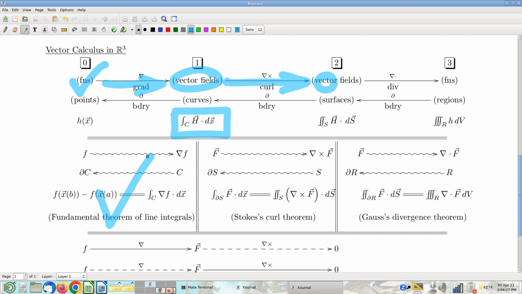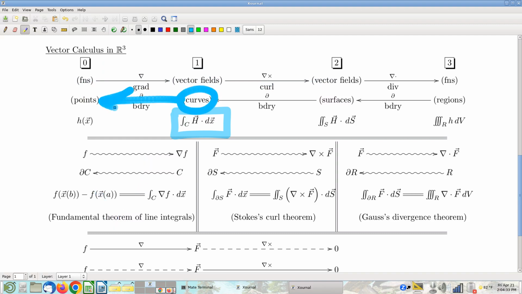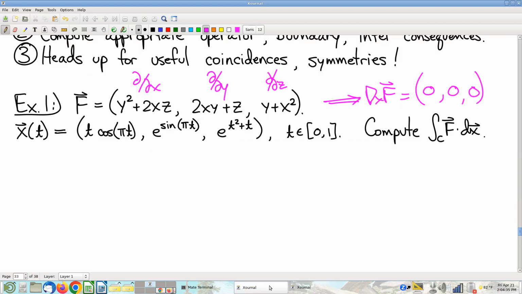Okay, now, proceeding along, what else am I going to do? I am also going to take my curve and think about its boundary points. Okay, well, let's see. Let's plug in 0, and I get x of 0 is (0, 1, 1).